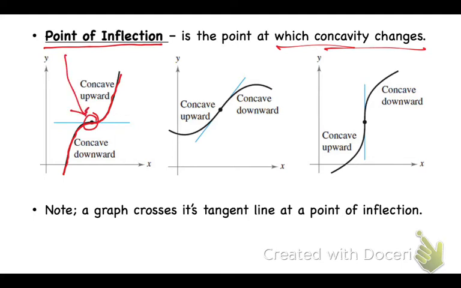Point of inflection. It's concave up and it switches to concave down, so it is called a point of inflection, P of I.